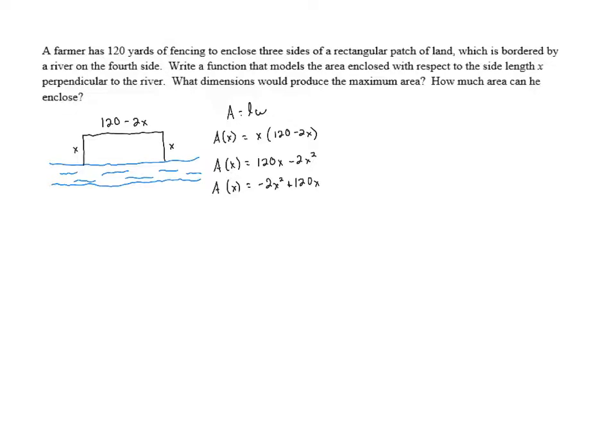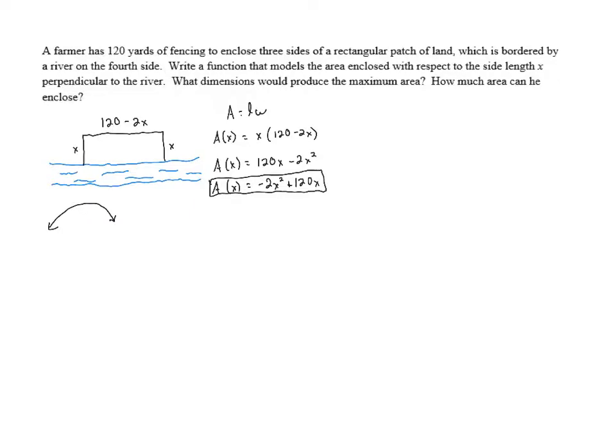But this last one is probably going to be the most helpful because we recognize that this is a quadratic function with a negative leading coefficient. And so the graph is going to look something like this, some shape like that. It's a parabola opening downward. And so what we want is to find the vertex because that will give us the maximum area.